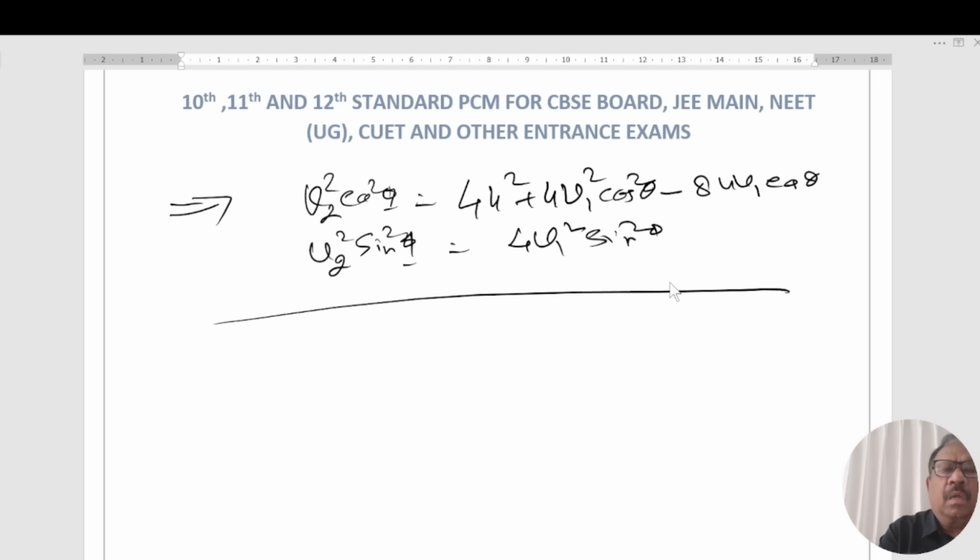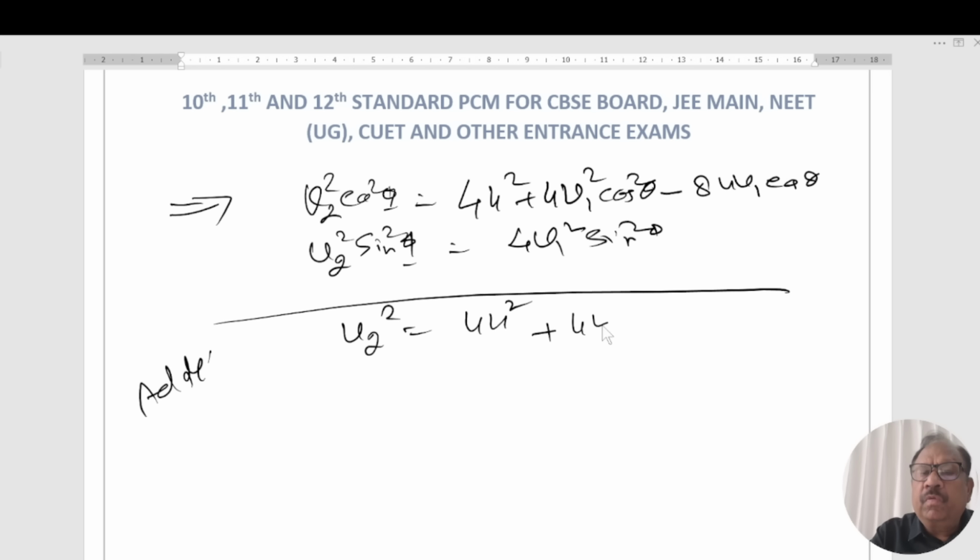Adding, v2 square (cos square phi plus sin square phi) equals 4u square plus 4v1 square minus 8u v1 cos theta, right? Say this is equation 4.